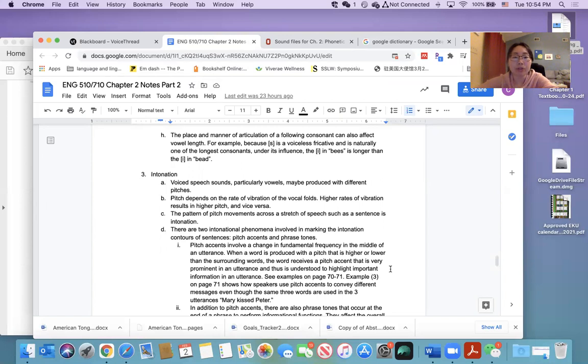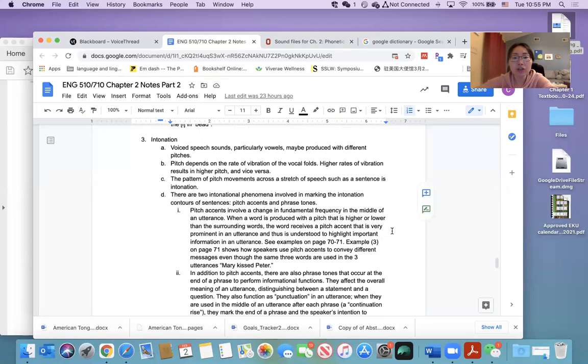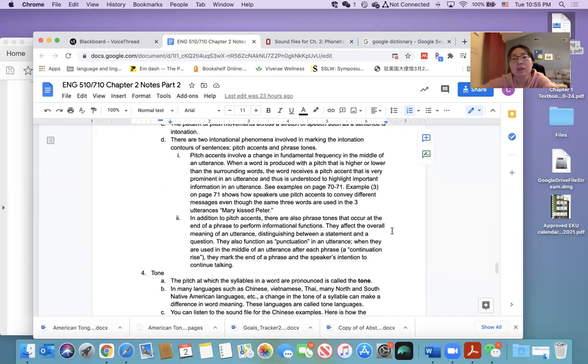Higher rates of vibration result in higher pitch and vice versa. The pattern of pitch movement across a stretch of speech, such as a sentence, is intonation. There are two intonational phenomena involved in making the intonation contours of a sentence: pitch accents and phrase tones.